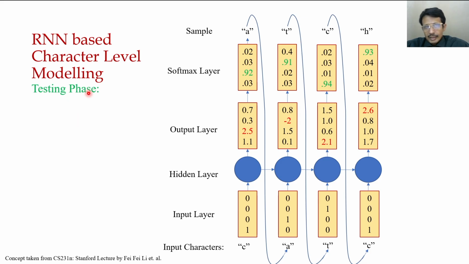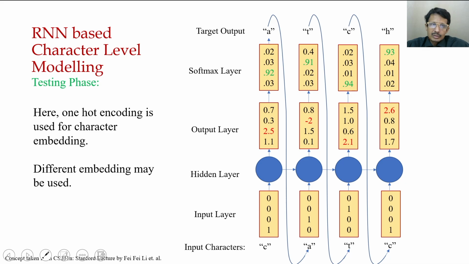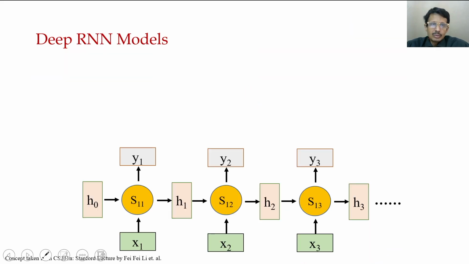Next, here we used the one-hot encoding that we have done, but there can be different encodings. In this way, character-level modeling can be done using this encoder-decoder kind of model.